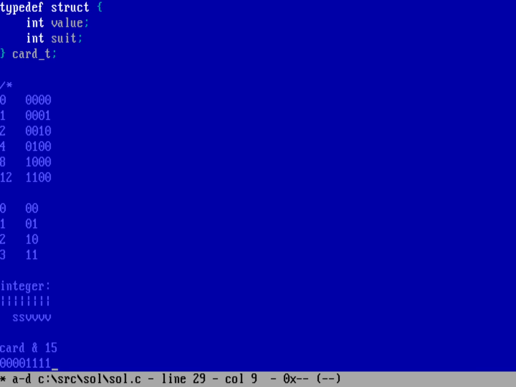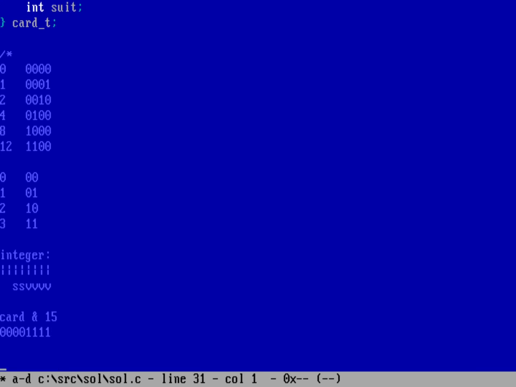And if I wanted to pick just the suit, well, I'd probably want to do a bit shift. So I do card bit shifted to the right by 4 bits. And that means that it's going to eliminate these 4 bits. And then these bits here at the front are now going to be over here in these positions at the end.